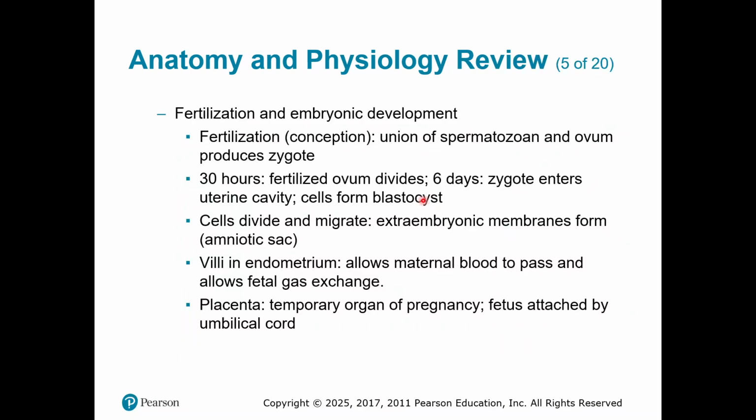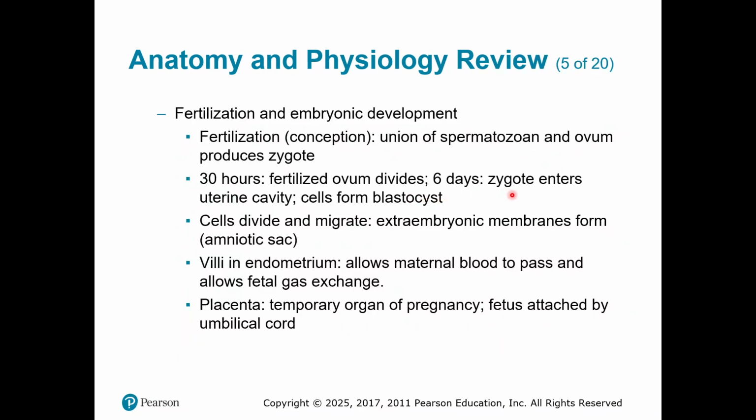Fertilization and embryonic development. Fertilization, the conception, is the union of the spermatozoon and the ovum, which produces a zygote. And that's just what that diagram showed a second ago. At 30 hours, the fertilized ovum divides.